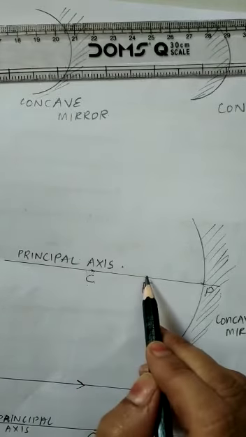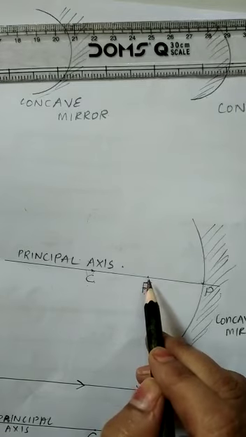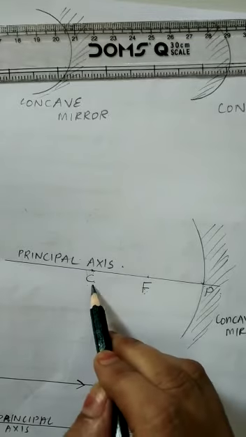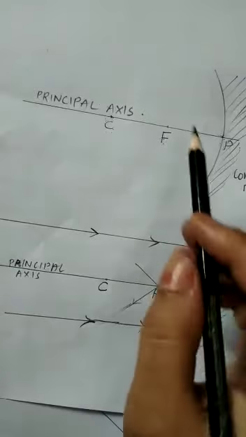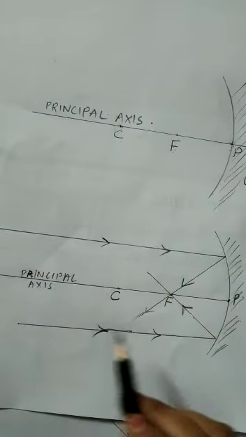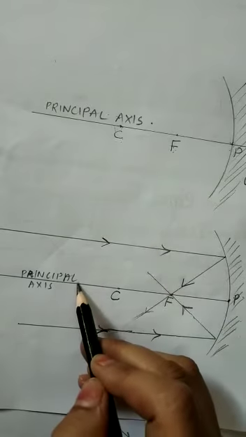What do you mean by capital F, principal focus? Why is it called principal focus? The principal focus is exactly in between the center of curvature and the pole. Any incident ray of light, you can see I have drawn here two incident rays of light. This middle line is the principal axis.